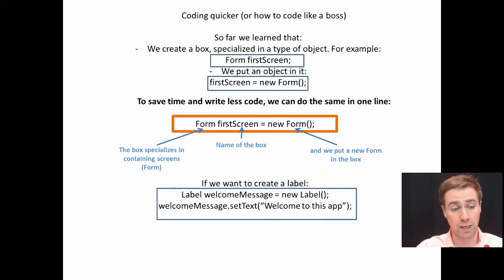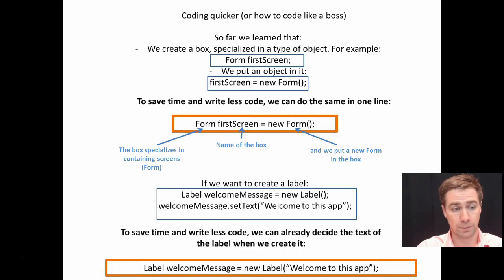So that's how you would create a label and put some text in it. But the trick is you can do that in just one line. So it saves you time and you write less code. And you can actually already decide the text of the label at the moment when you create it.